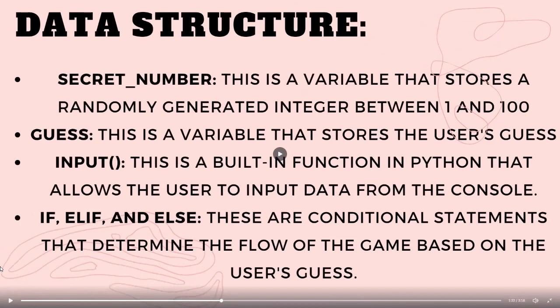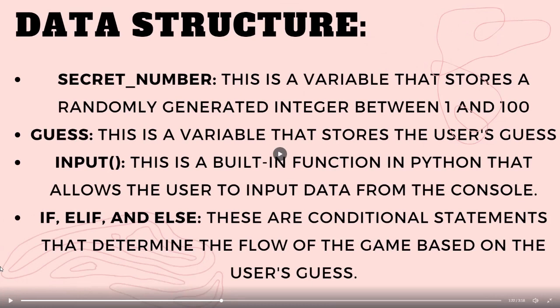Thirdly is input. This is a built-in function in Python that allows the user to input data from the console. In this game, it is used to get the user's guess as an integer. And lastly, if, elif, and else. These are the conditional statements that determine the flow of the game based on the user's guess. If the user's guess is less than the secret number, the program prints "too cold, try again", and if the user's guess is greater than the secret number, the program prints "too hot, try again".